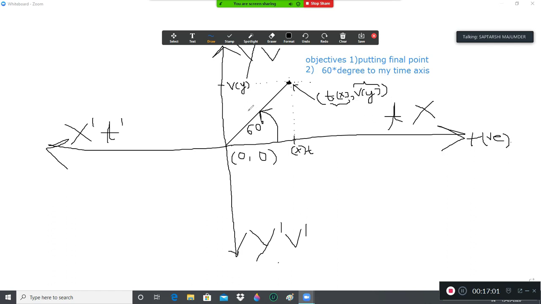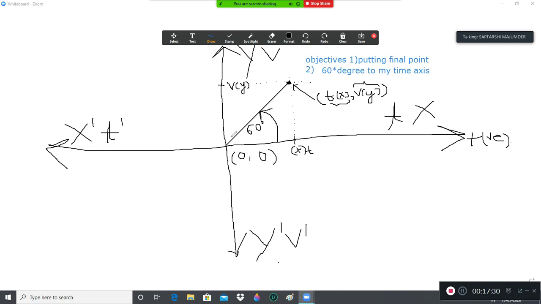We have done about 80% of our work, and the last thing we have to do is to learn a few concepts, then you can solve this part. Now no coordinates are given here, only the angle is given, and the slope is given. That means the slope is making an angle of 60 degrees with respect to time.